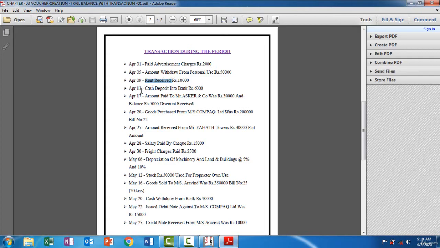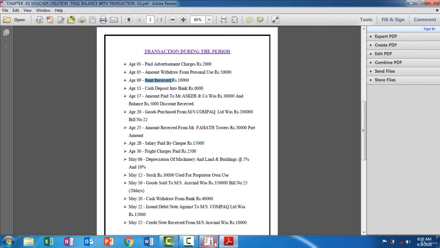The next one is April 13, cash deposited into the bank. If we deposit cash to the bank or withdraw from the bank, we should use the contra voucher. So the voucher is the contra voucher, and the double entry is bank account debit and cash account credit. So that's the double entry.